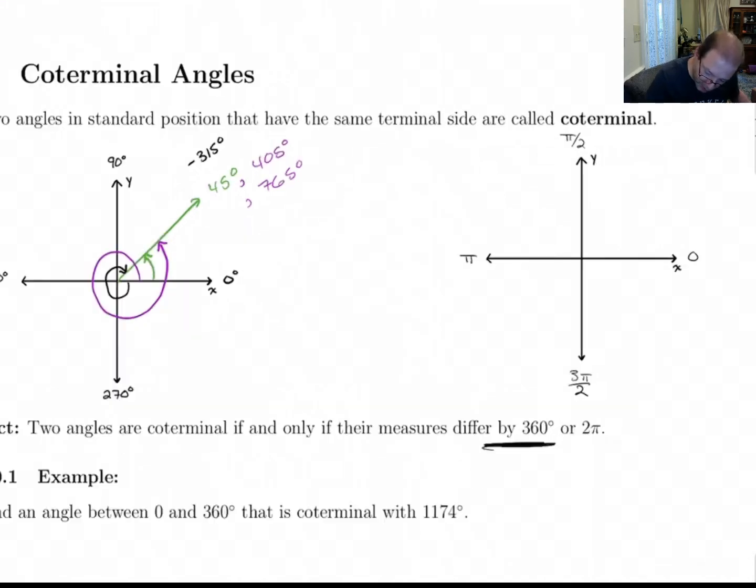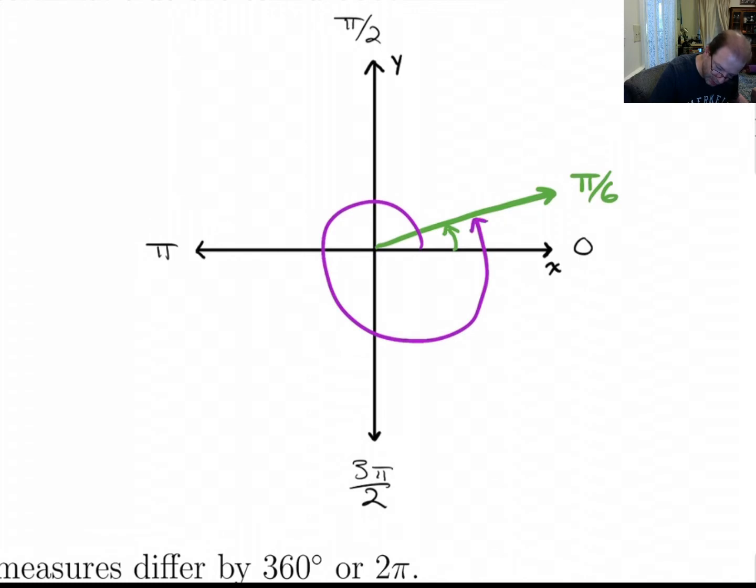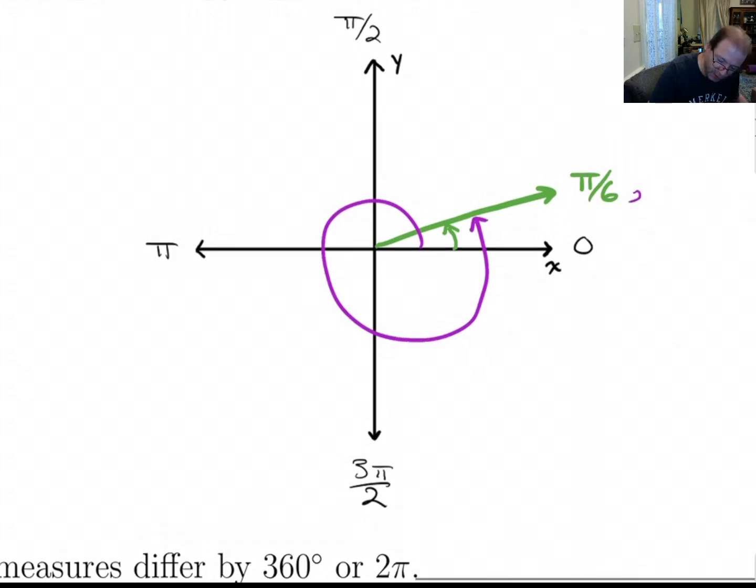And over here we could do something similar with radians. Let's say we looked at the angle that's pi over 6. Pi over 6 radians. Well, that's this angle here. But you could also go around a full revolution and get there again, and it would also be pi over 6 plus 2 pi.